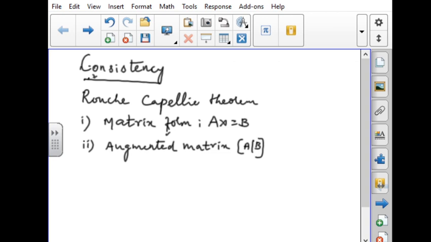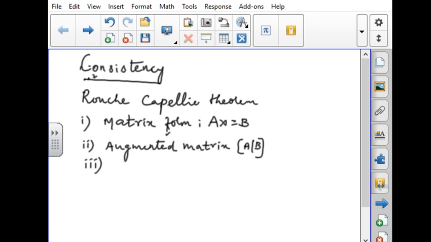Similarly, the coefficient matrix with the constant matrix can be written in expanded form, that is [A|B]. So the first step is to write the matrix form AX = B, the second step is the augmented matrix [A|B], and the third step is to apply elementary transformations and find the rank of the matrix.